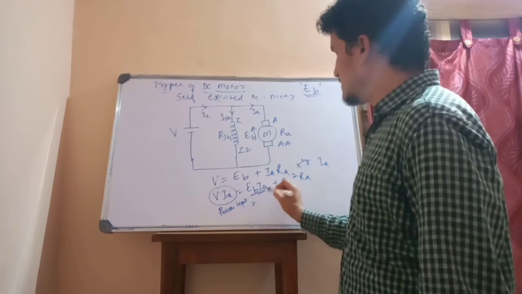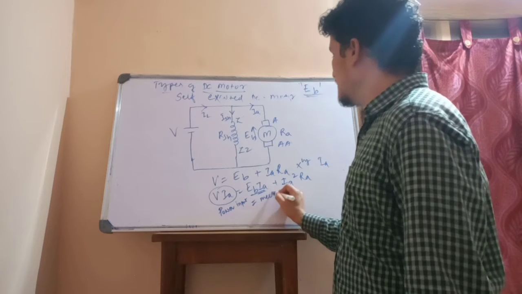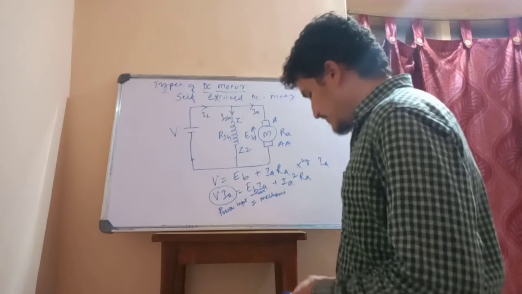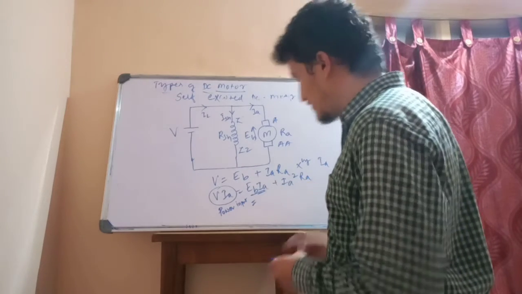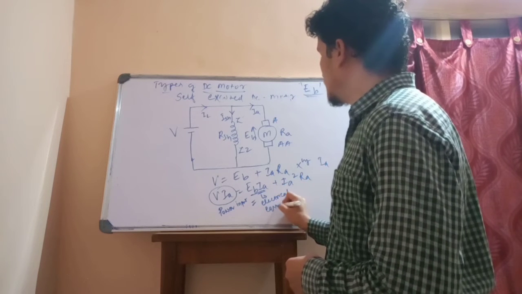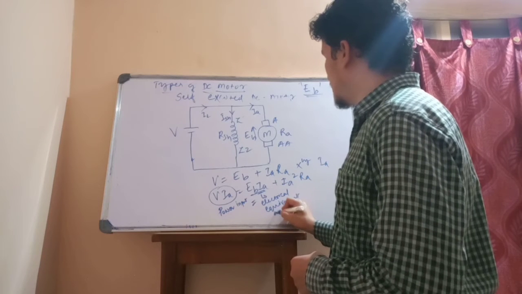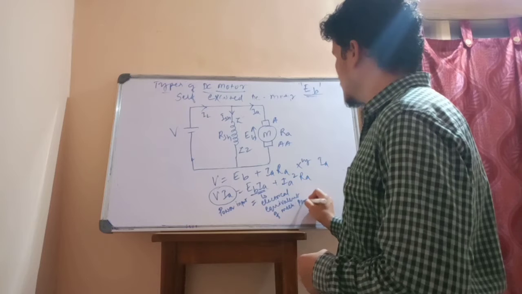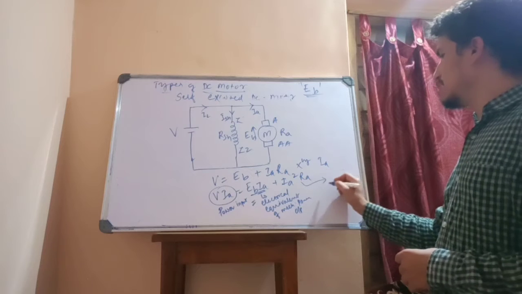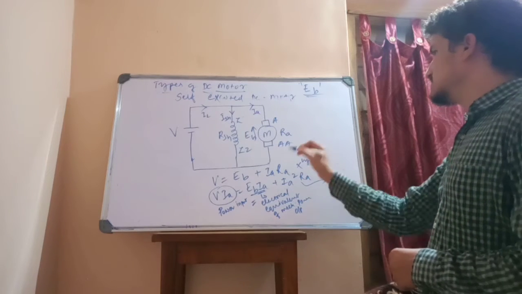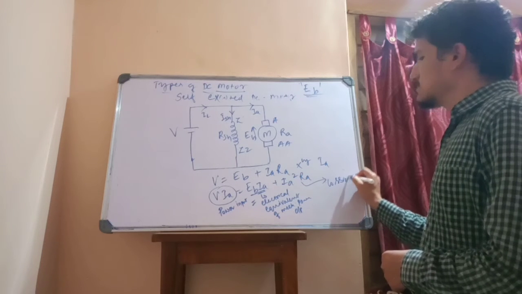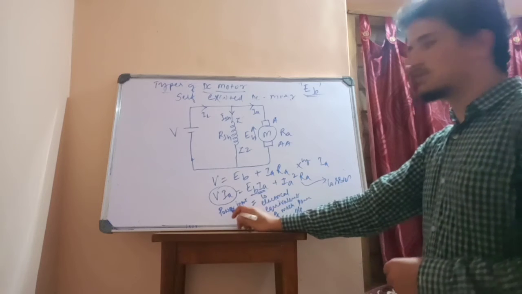EB into IA is the electrical equivalent of the mechanical power output, plus what is IA square RA? IA square RA is the losses, the copper loss in the armature. So losses plus output is equal to power input.